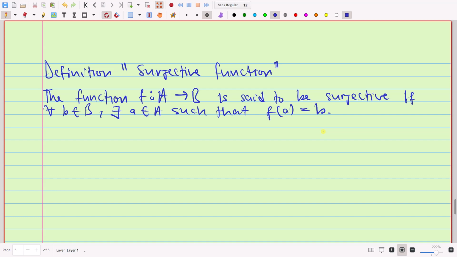You see? That's what we mean by saying a function is surjective. This is how we define surjectivity.